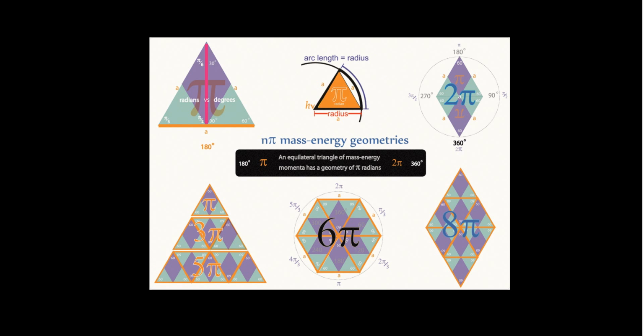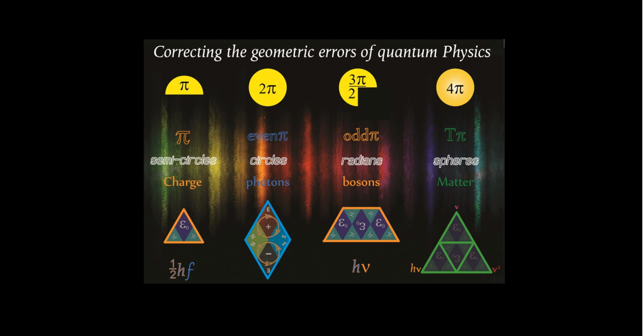So in general terms, we can use this pi radian geometry, or mass energy geometry, to start to define or redefine the mathematics of physics. Typically in physics, where you see pi, you think of pi radians, a semicircle.